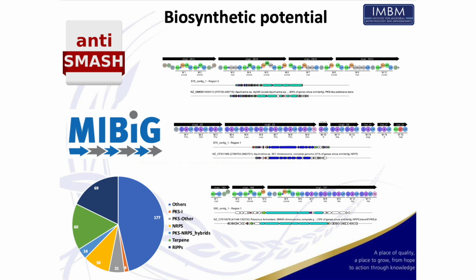Okay, so if we then come back again to these biosynthetic gene clusters, and I appreciate this doesn't immediately mean anything to you, these black arrows just indicate the individual genes in the cluster. The little round circles indicate different protein domains that are responsible for certain functions. And what you may appreciate from this is that it looks like a repeated pattern.